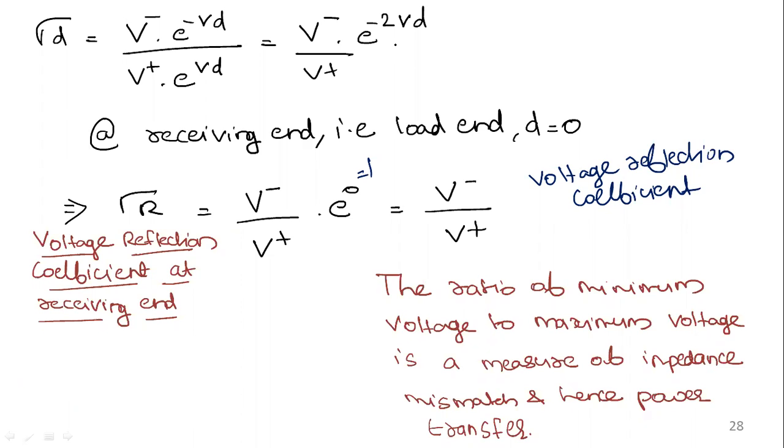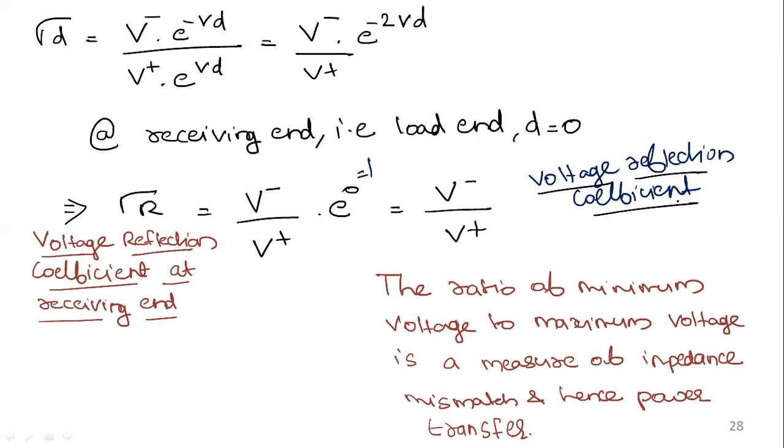At a particular distance x is equal to minus d from the receiving end, what happens at the receiving end? The distance is equal to 0, which makes it V minus divided by V plus, which is the voltage reflection coefficient.